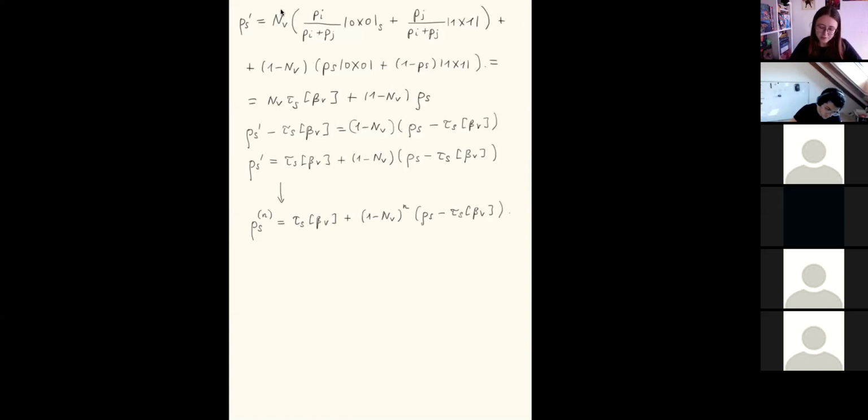And we see that if n goes to infinity, then the second term tends to 0, and we get closer and closer to the thermal state of the virtual qubit.